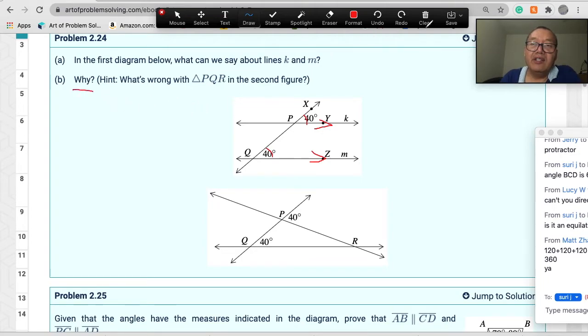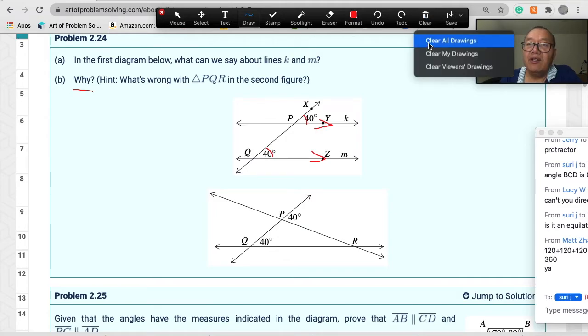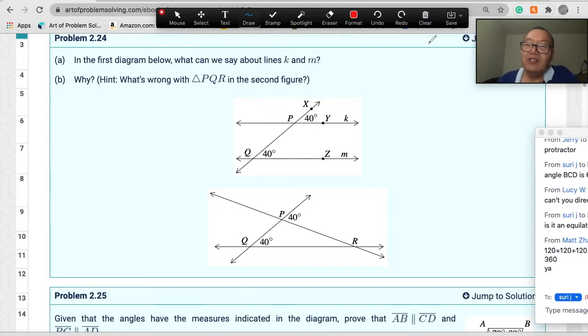The reason is we can prove this using contradiction. That means if we suppose that's not satisfied, then we'll get some strange, weird things happening. So now let's see what weird thing happens.